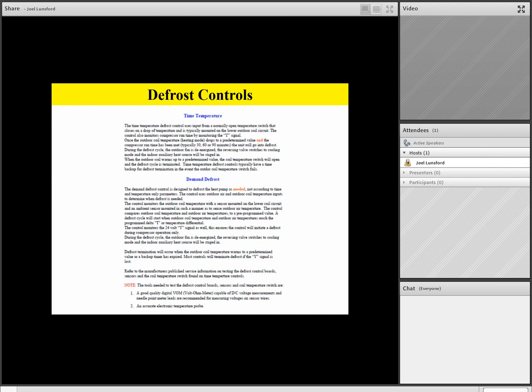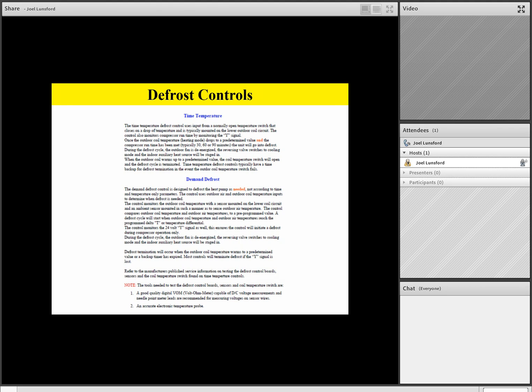It should be noted also that a time temperature control has a normally open temperature switch, but the demand defrost control with the two sensors is constantly monitoring outdoor air temperature and coil temperature. It'll go into defrost when there's a difference of temperature between outdoor air temperature and coil temperature. This is a predetermined, pre-engineered value. It's called a defrost control curve, and that will differ based on the tonnage of the outdoor unit.